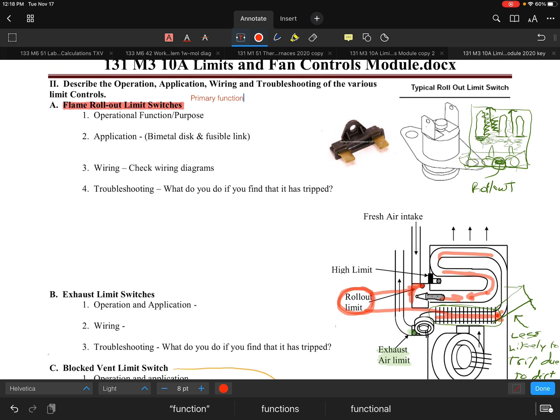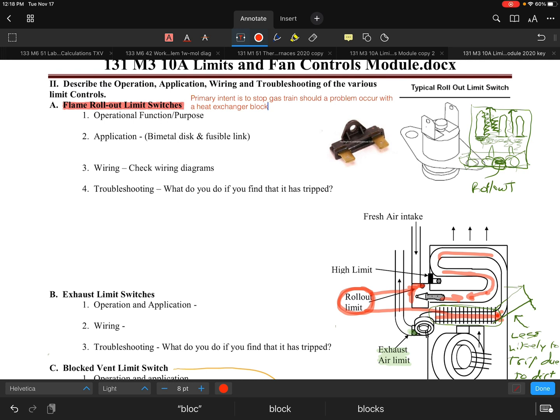Primary intent is to stop the gas train should a problem occur, and specifically should a problem occur with, let's say, the heat exchanger.